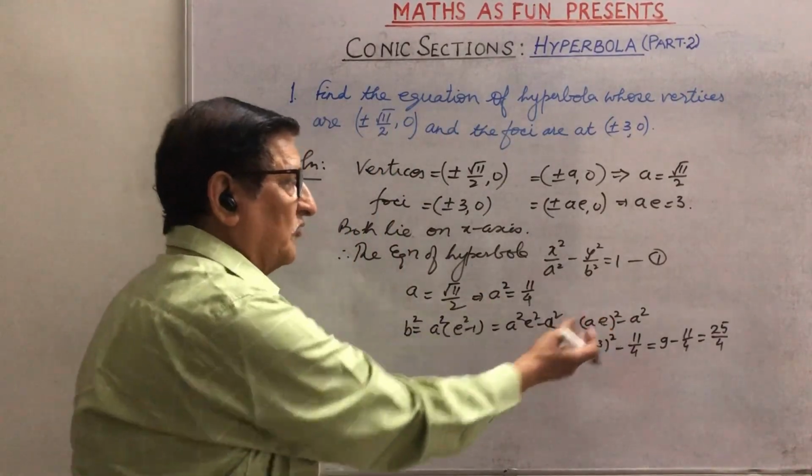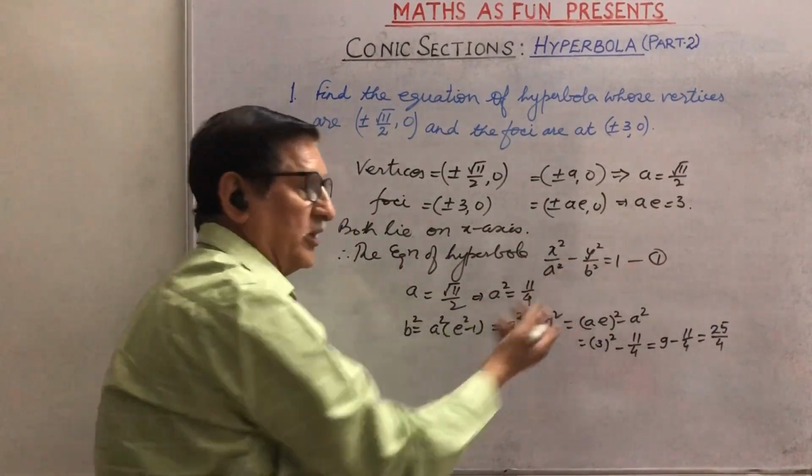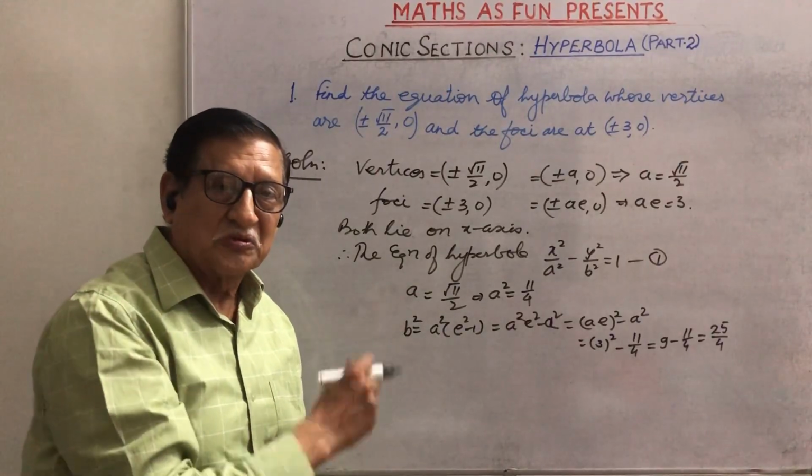After finding the values of a and b, we can substitute in 1 to find out the equation of the hyperbola.